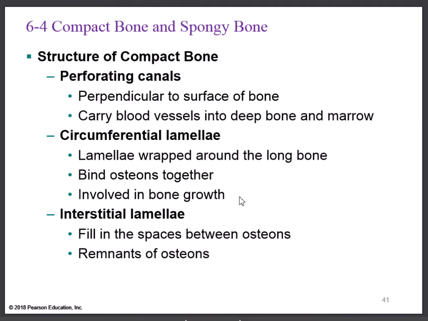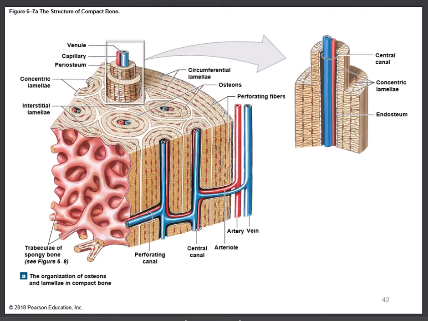Involved in bone growth in width. So you're always going to find them wrapping around the bone. Then finally, the interstitial lamellae were remnants of osteons. They one time were part of an osteon, but because of remodeling, they got tossed out, and they fill in the spaces between the osteons.